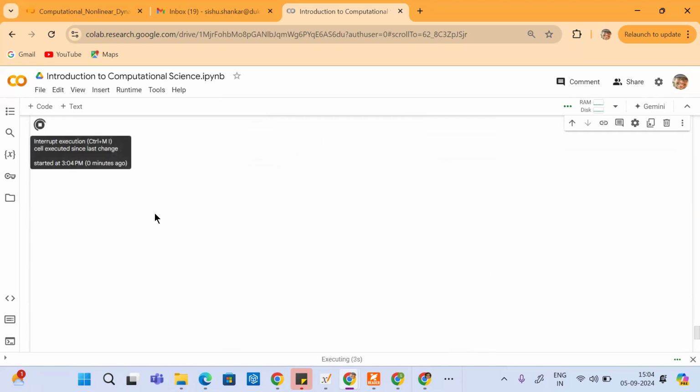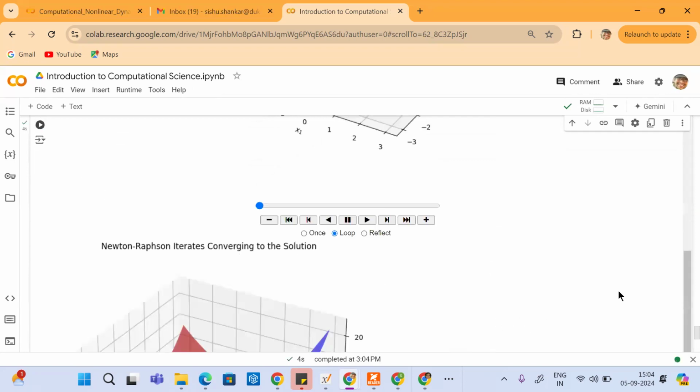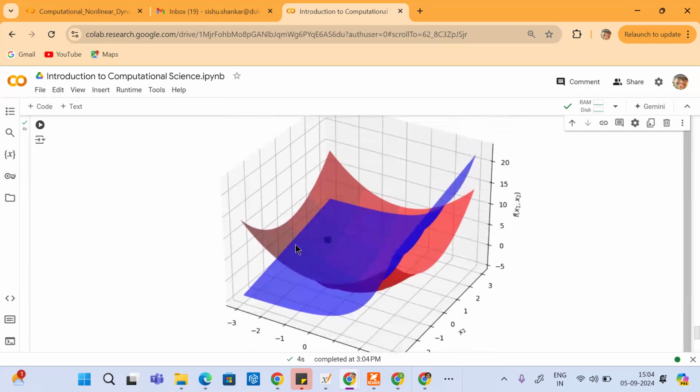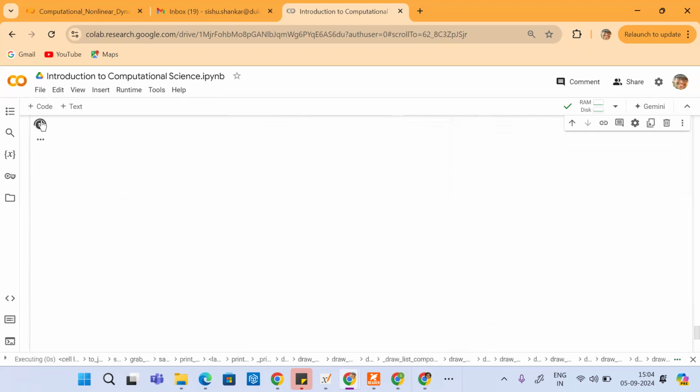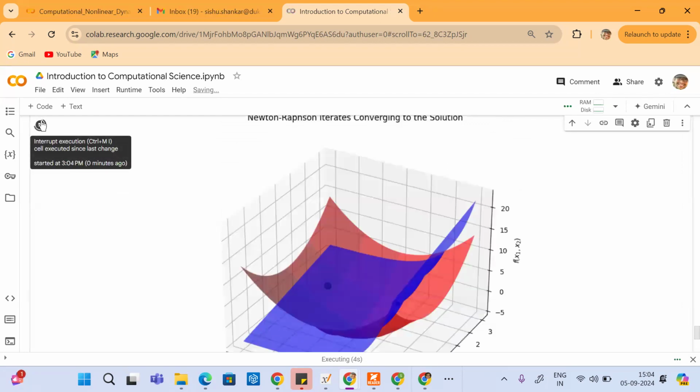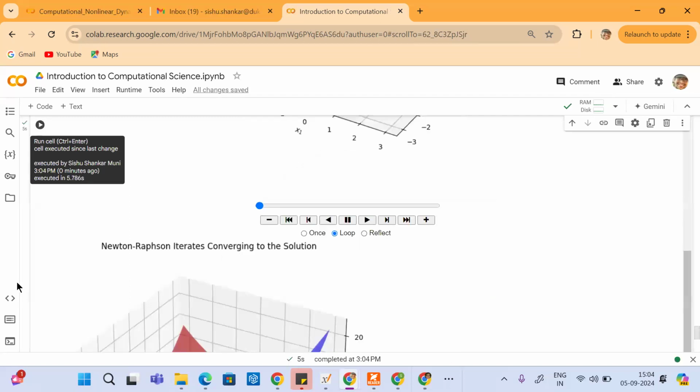Okay, let's see. Why is it not working? A sequence of points which approach the root. The big dot you can see is the root. Oh, sorry. I have to run this.